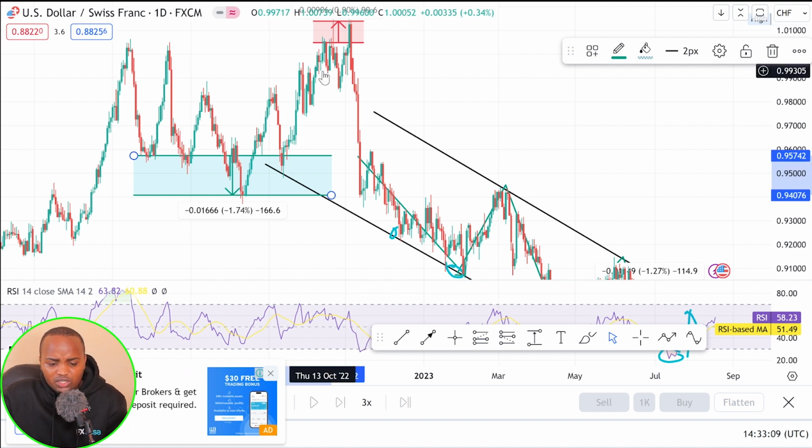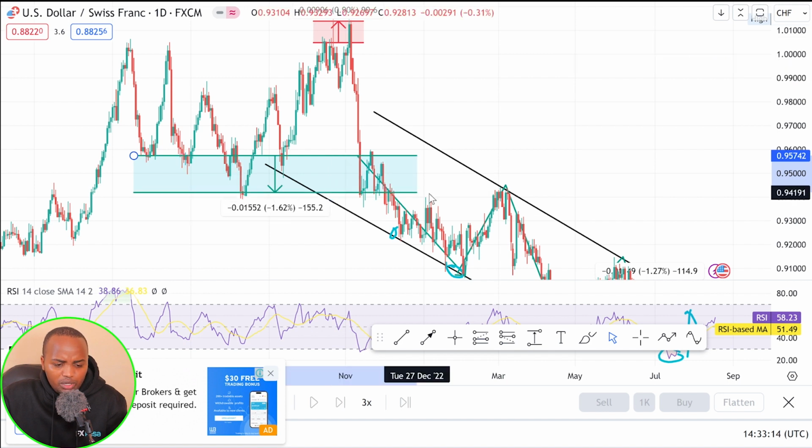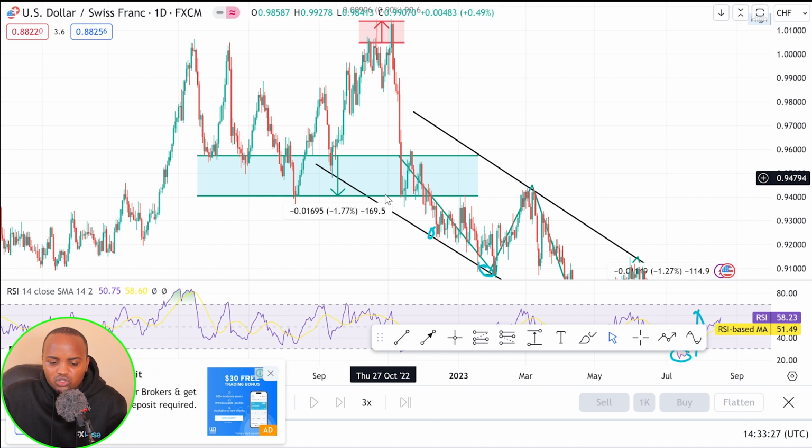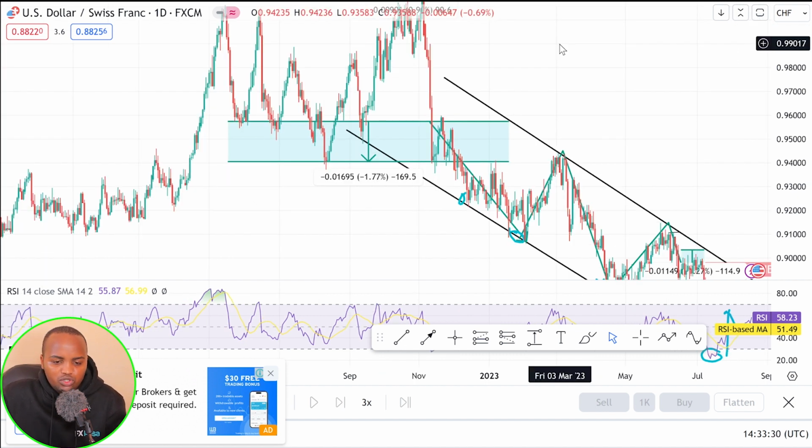But you know, these zones are always there to be broken, and you can see the moment the market touched this, reversed back, touched this, reversed, touched this, reversed. At the moment you touch it too many times right here, now it broke that and changed character. That is what we call the change of character.